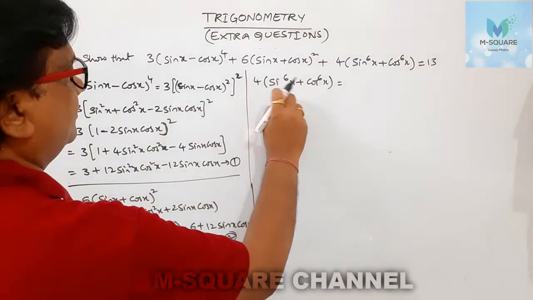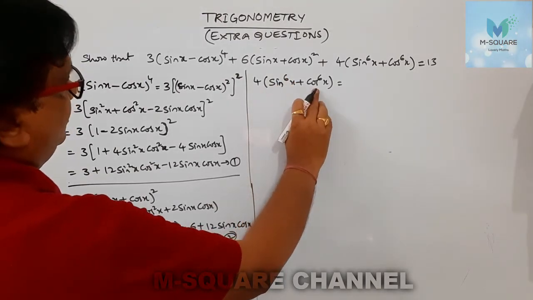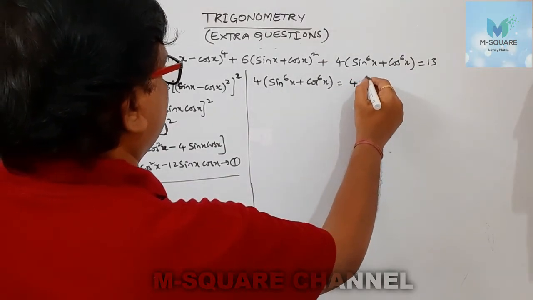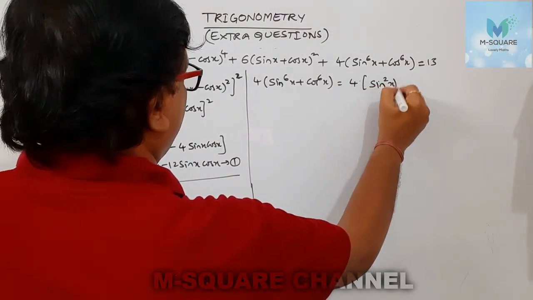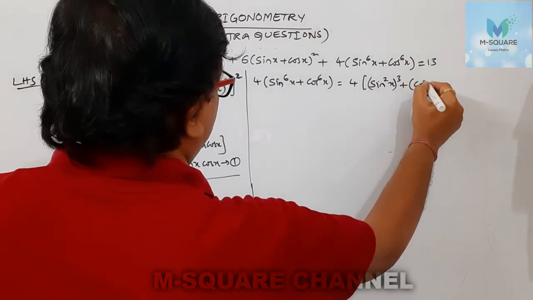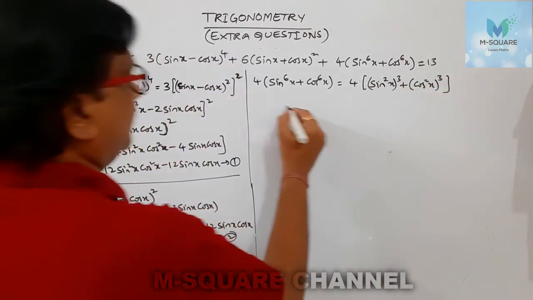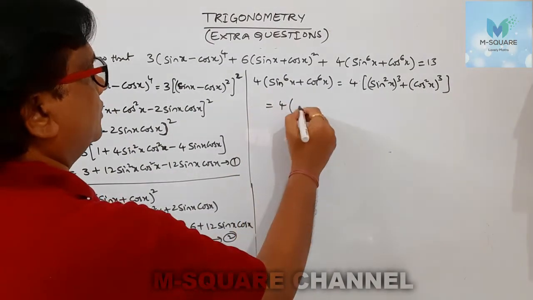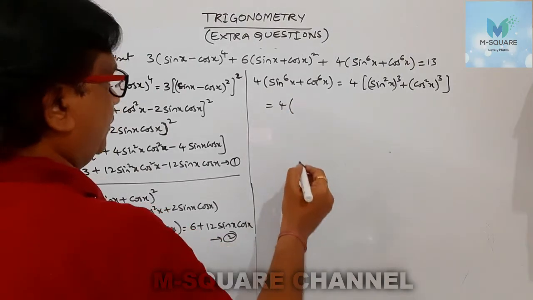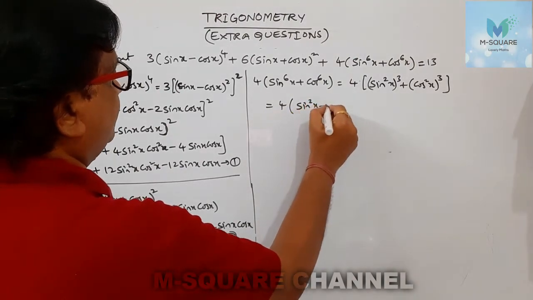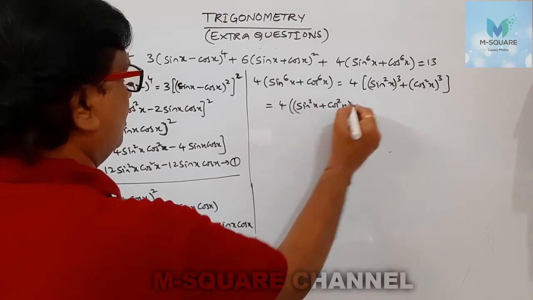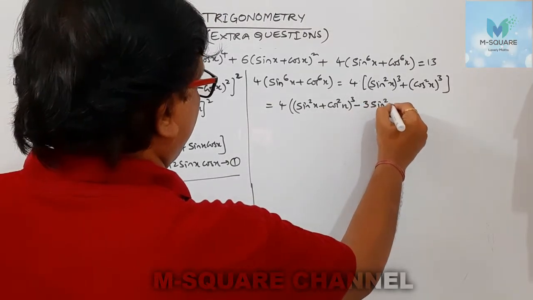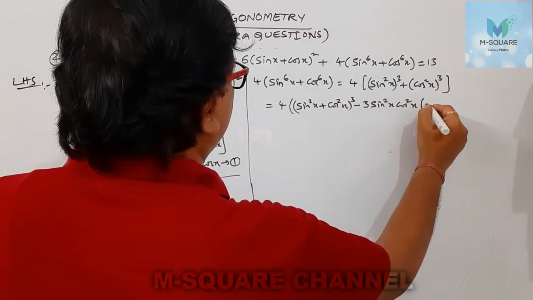Already we completed sin power 6x plus cos power 6x before. Same like that only. Here, 4 into sin square x whole cube plus cos square x whole cube. This is 4 into a plus b whole cube, that means sin square x plus cos square x whole cube minus 3ab into a plus b.